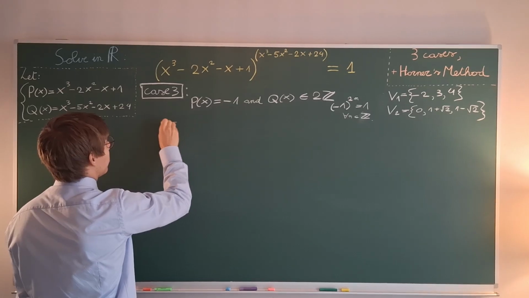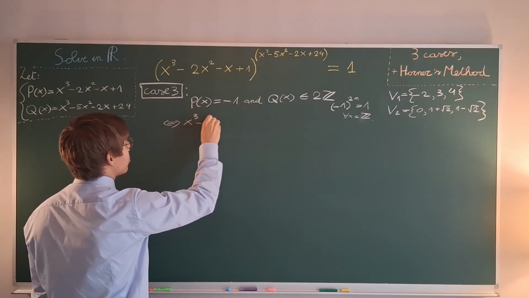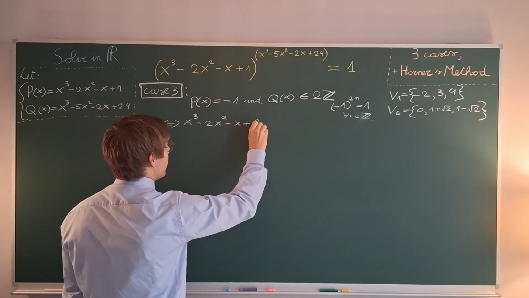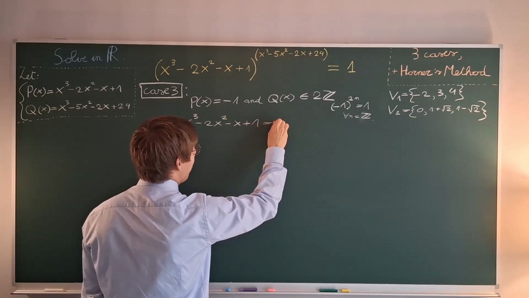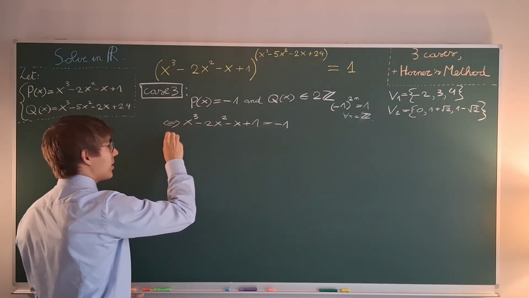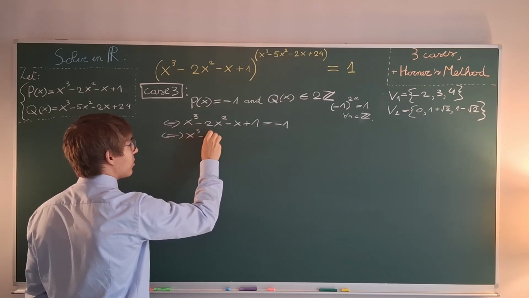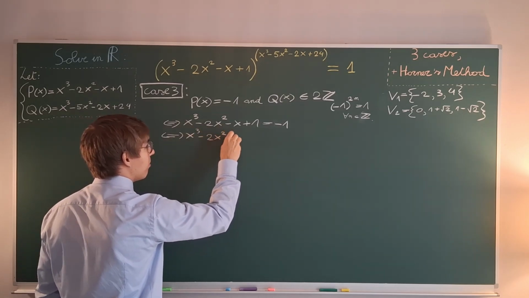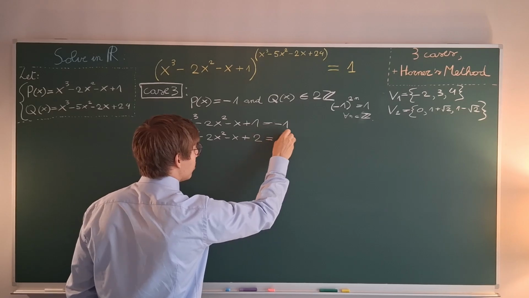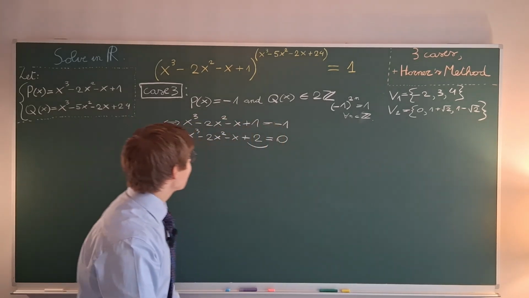So this means that x cubed minus 2x squared minus x plus 1 is equal to minus 1. So if we move the minus 1 to this side, we get x cubed minus 2x squared minus x plus 2 is equal to 0. And now we will use Horner's method again.